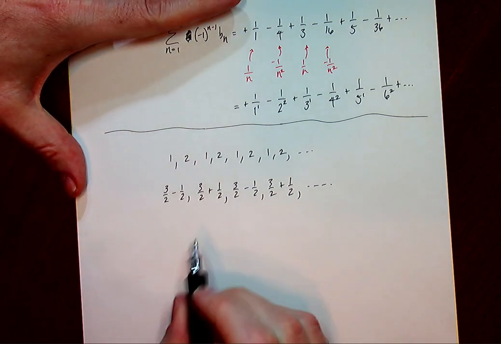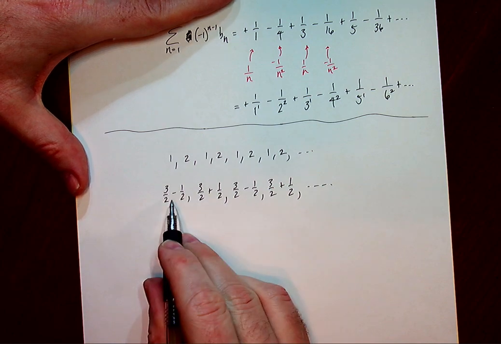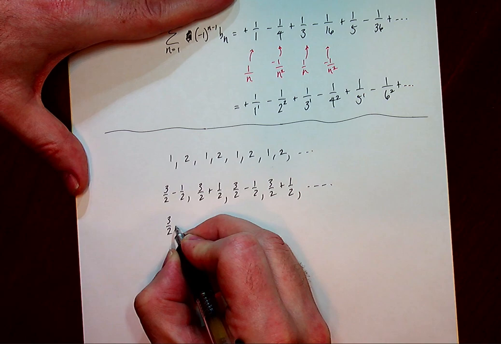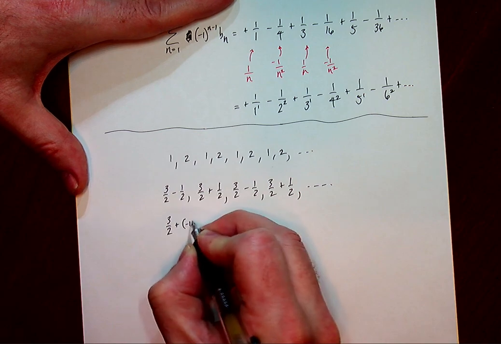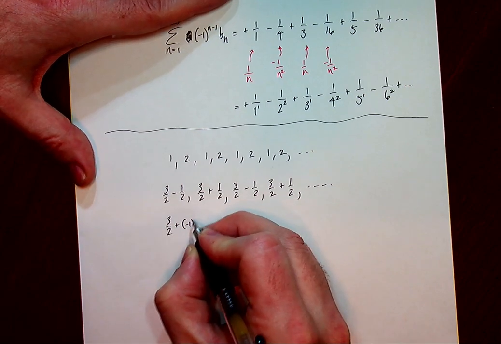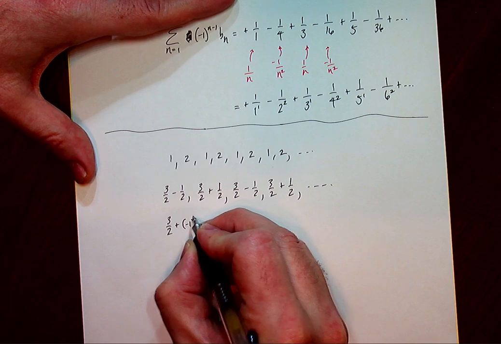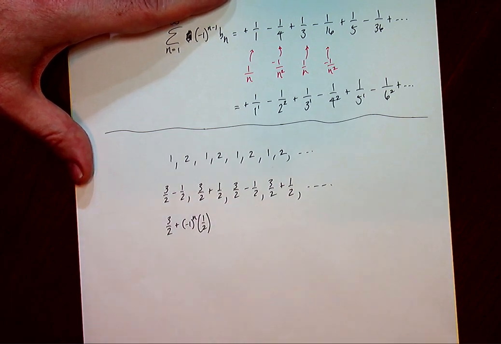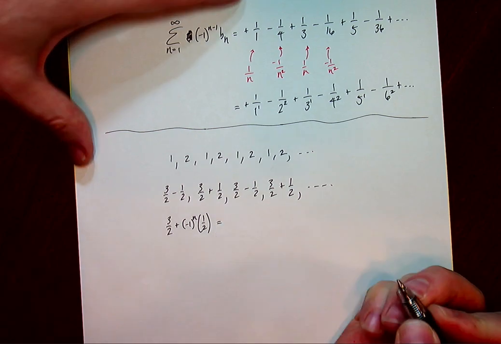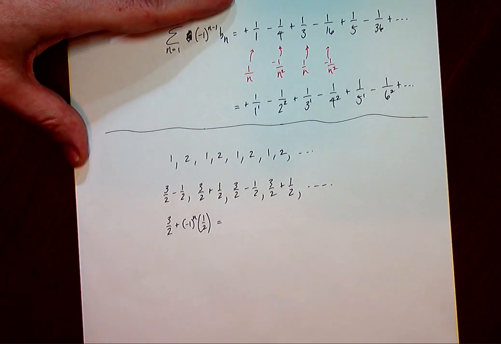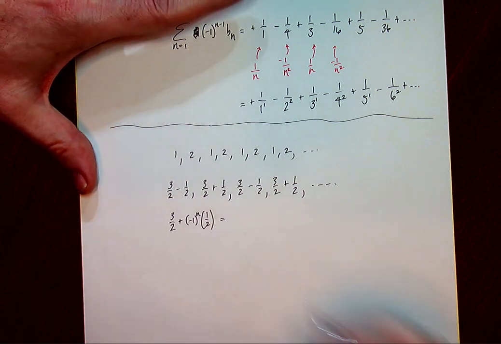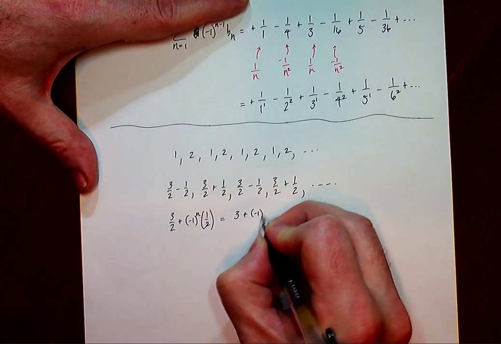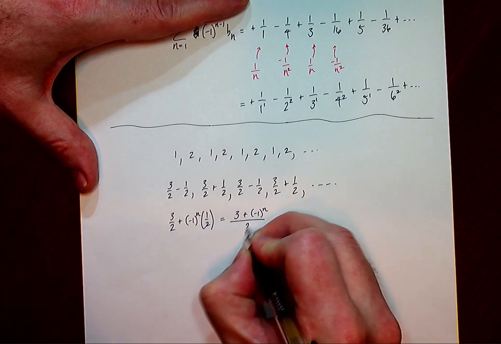So what needs to happen here is obviously this becomes 3 halves plus a negative 1 to the n times 1 half, or think about it as 3 plus a negative 1 to the n, over 2.